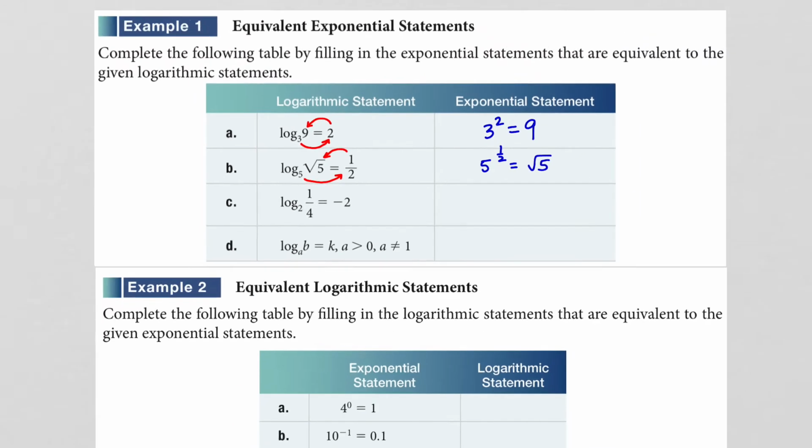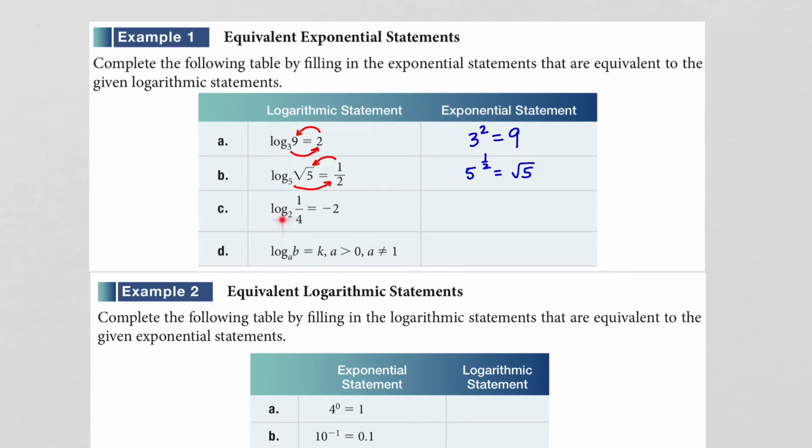The next log statement says log base 2 of 1/4 equals -2. So in exponential form, it means 2 to the -2 is equal to 1/4. And of course, this is also true. We know this because we've studied exponents.